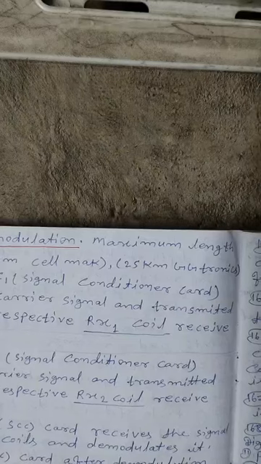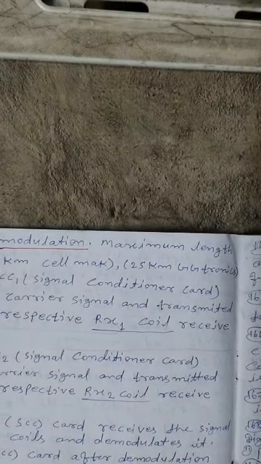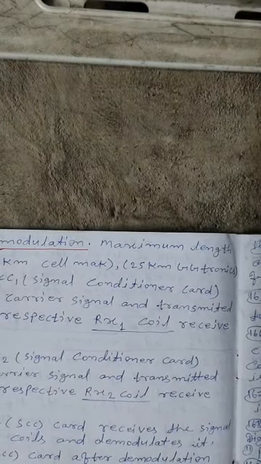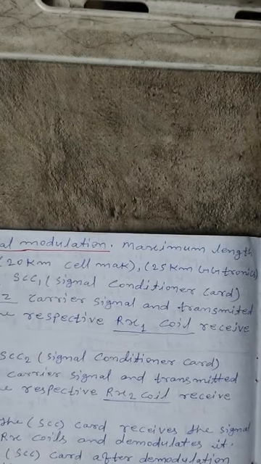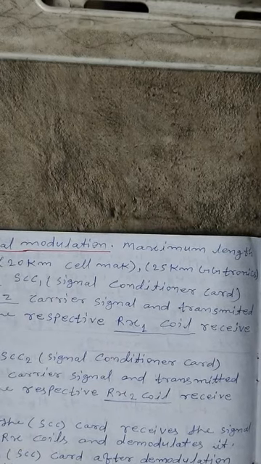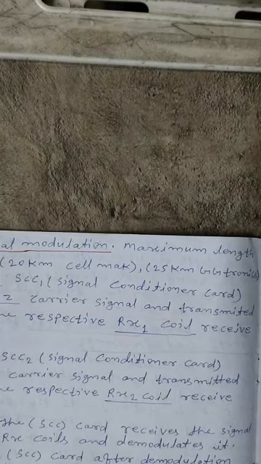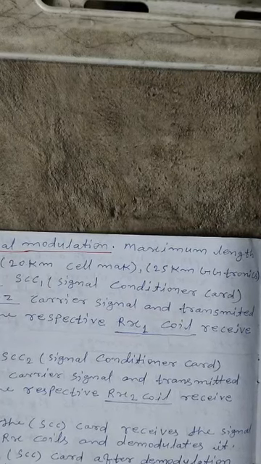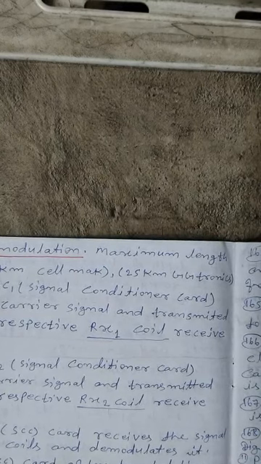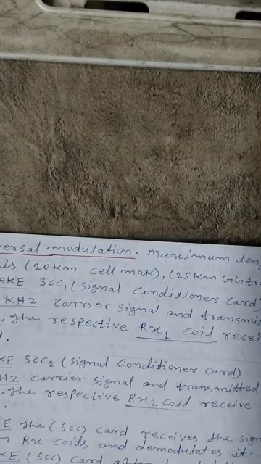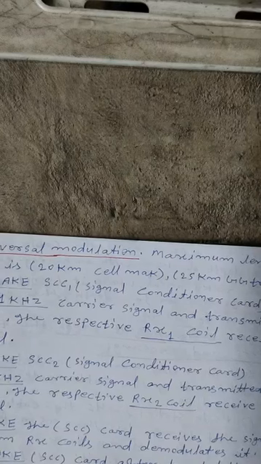Cell make SCC1 signal conditioner card generates 21 kilohertz carrier signal and transmits it to TX1 coil. The respective RX1 coil receives this signal.